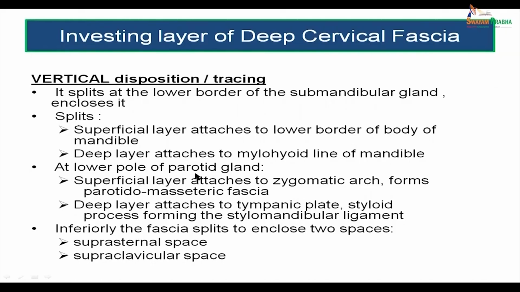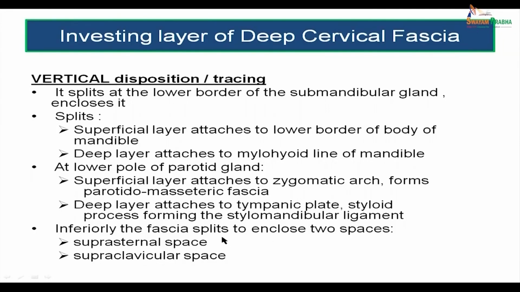At the lower pole of the parotid, the fascia again splits into a superficial layer and a deeper layer. The superficial layer is attached to the zygomatic arch, and here the superficial layer is forming the parotidomasseteric fascia. The deeper layer is attached to the tympanic plate and the styloid process, and it forms the stylomandibular ligament.